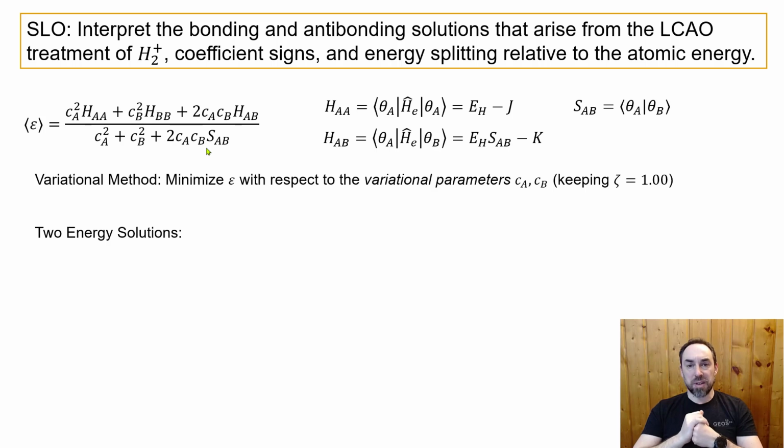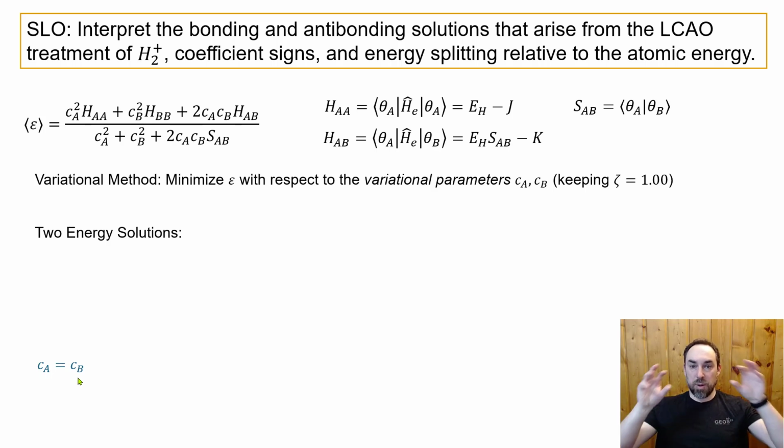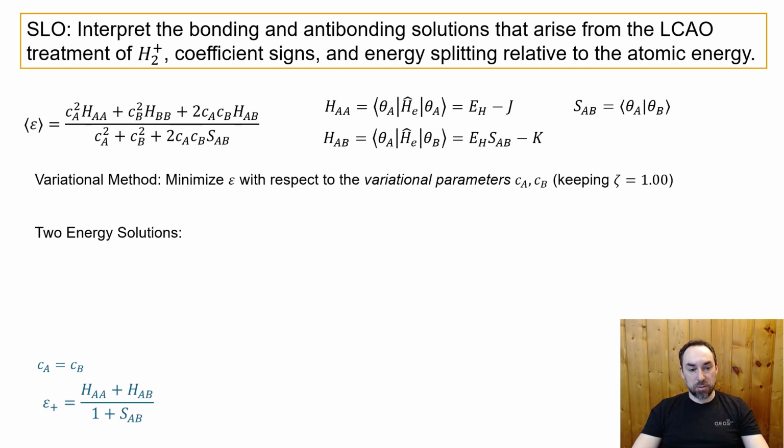By tinkering with that secular determinant, it turns out that two energy solutions that minimize the energy are possible. One in which the two coefficients are the same, Ca equals Cb. We put those coefficients in, minimize the energy, and get an energy which we label epsilon plus that has this form.